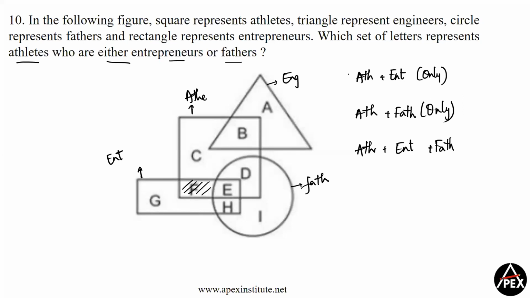Okay, because it is not mentioned that they cannot be both, so in that case, you need to consider that. So athletes and only entrepreneurs, you have F here. Athletes and only fathers, you have D here. And this E is common to athletes, entrepreneurs, and fathers. So the answer will be F plus D plus E.